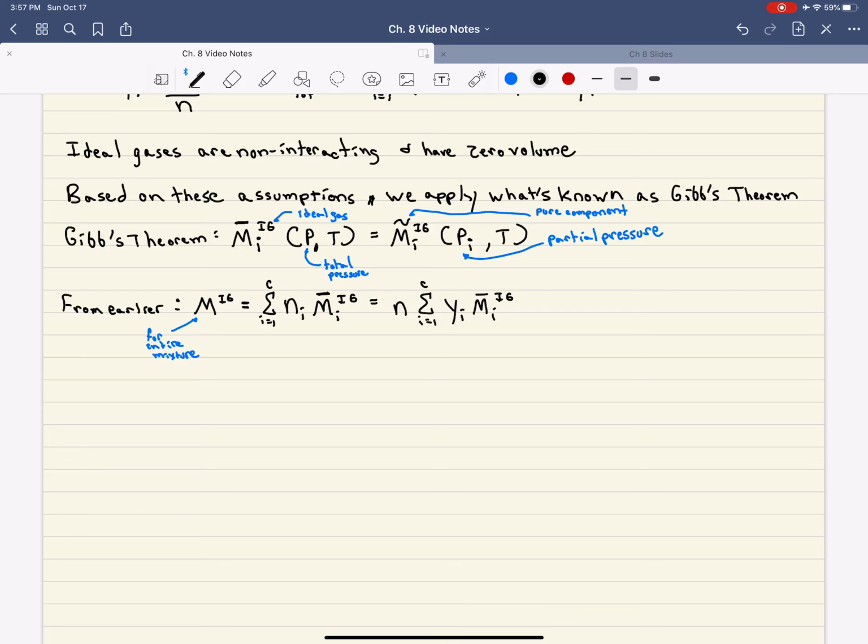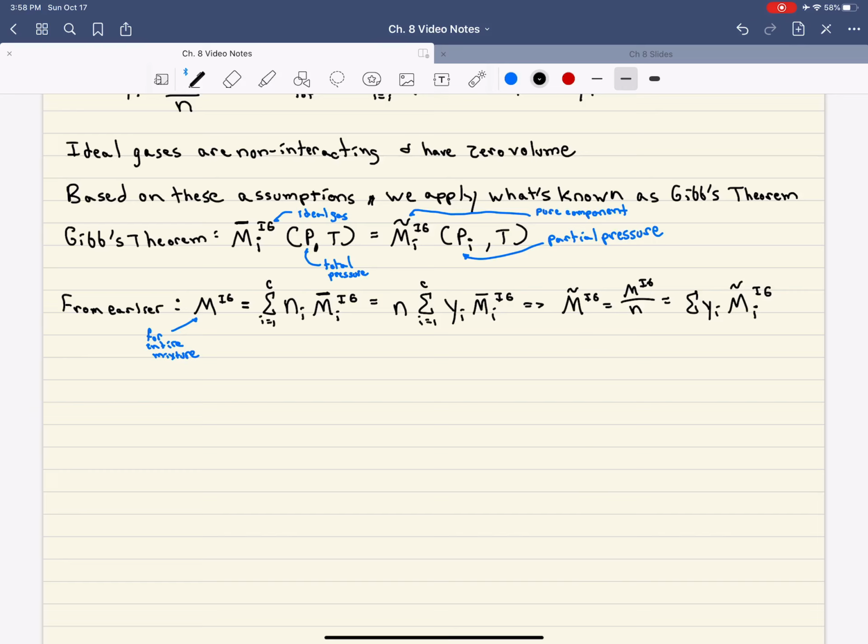And then, since we factor out the total N, we could divide regular M by N, so that we get M here, which is just equal to M Ig over N. That's equal to the summation of Yi Mi Ig. Right?